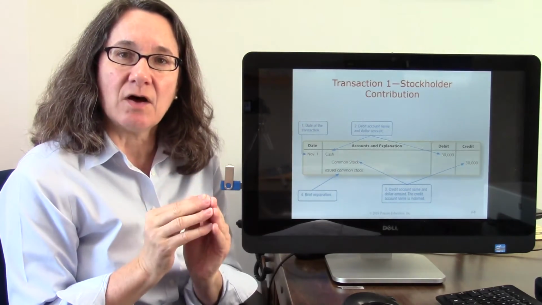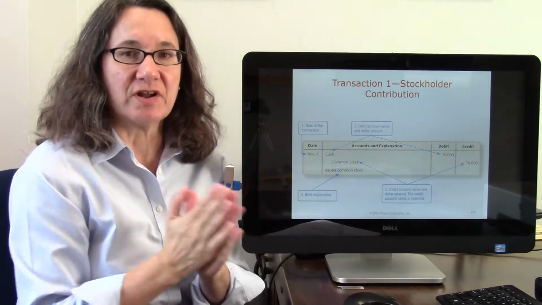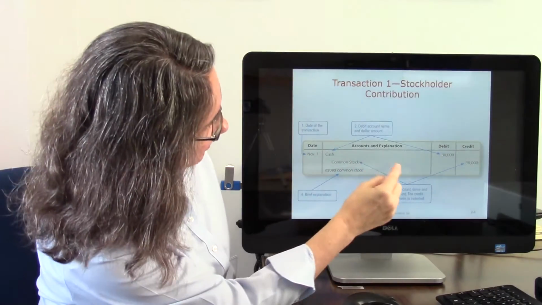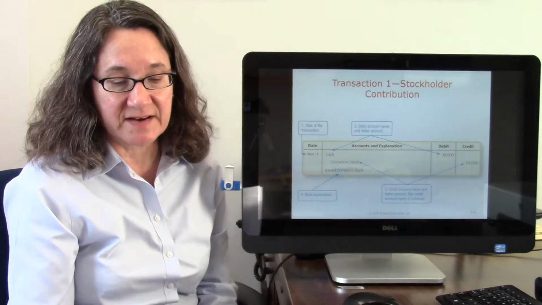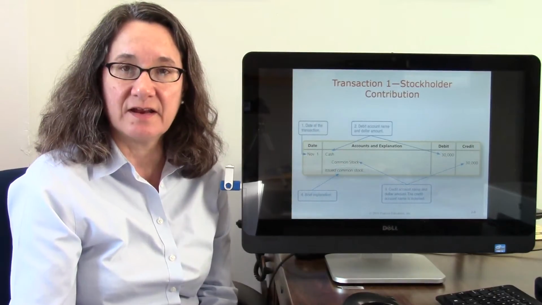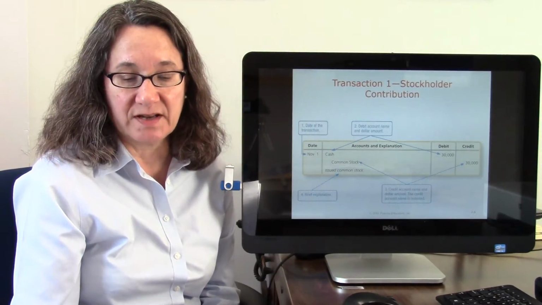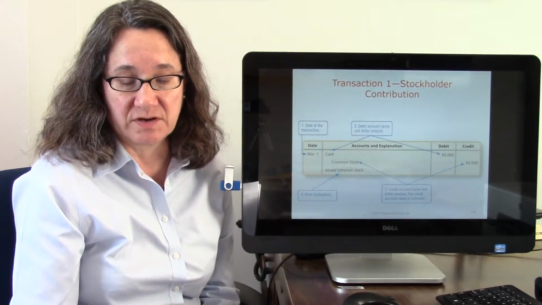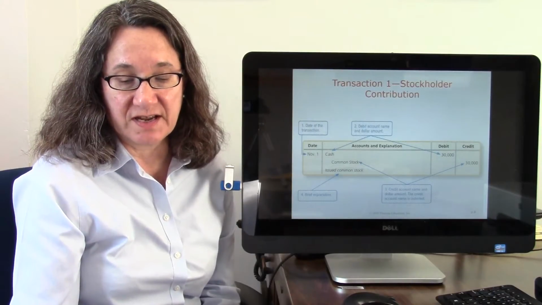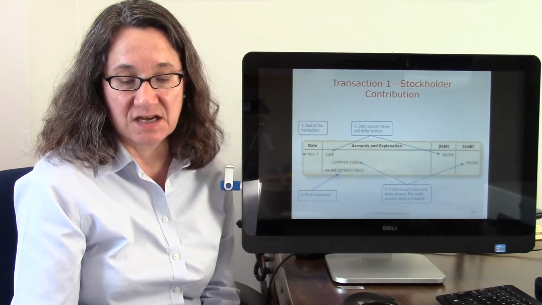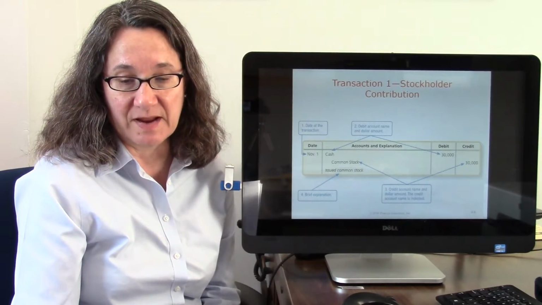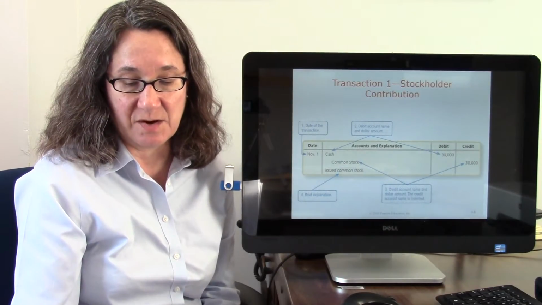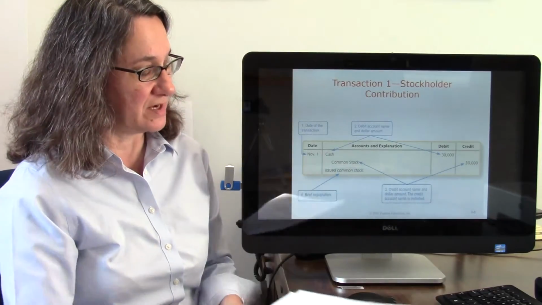Once I figure it out, I journalize it. I write it in the journal. Once the accounts affected by the transaction are identified, the transaction is recorded in the journal with a journal entry. The journal entry contains 4 parts: the date of the transaction, the debit account name and dollar amount, the credit account name and dollar amount, and an explanation.